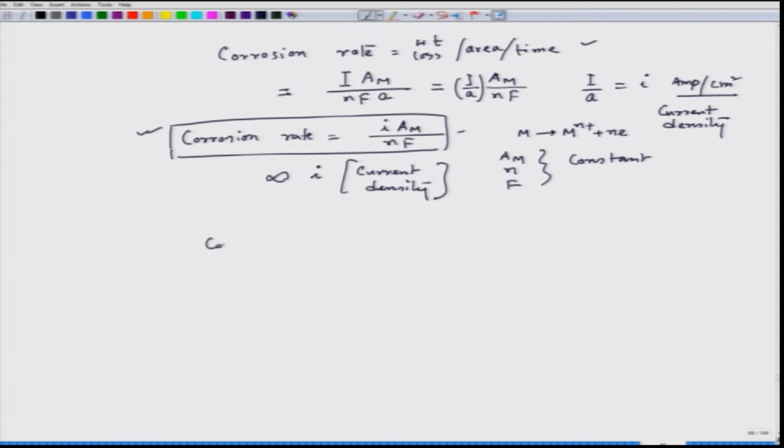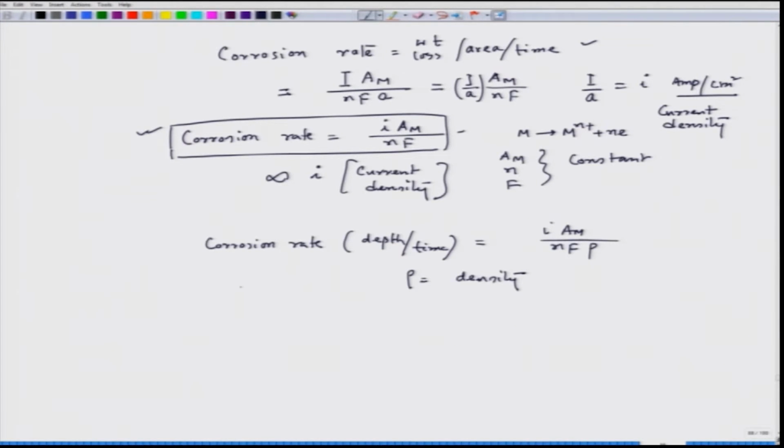So, the corrosion rate in the form of depth per unit time, we can put it as I A M by n F rho, where rho is basically density.